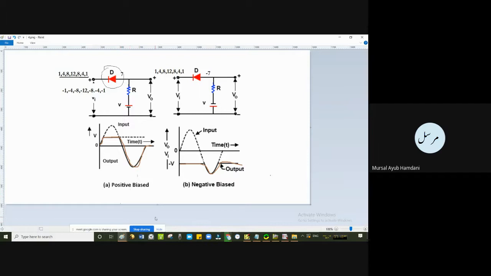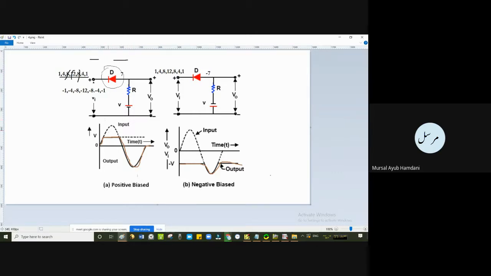Now, when the values at the input are greater than 7, that is the value 8, the value 12, the value 8, at these values the diode D will be reverse biased, because in these cases the negative terminal is at a higher voltage than the positive terminal of the diode. So for these cases 8, 12, 8, we'll have an open circuit.